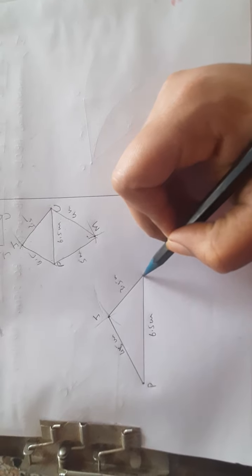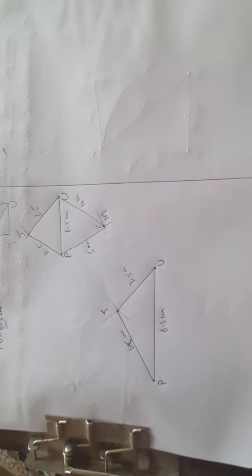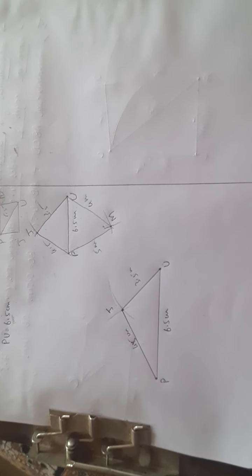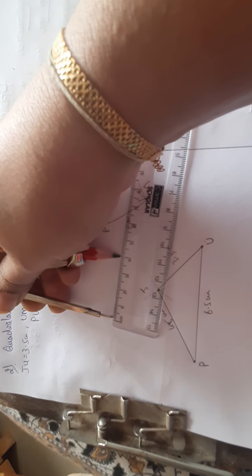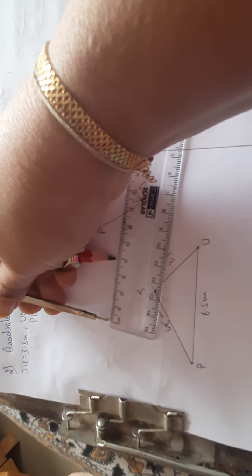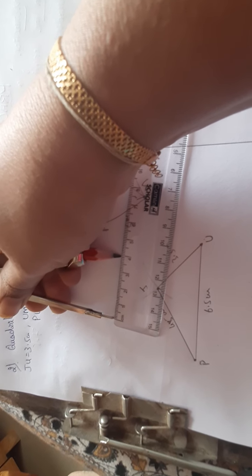So now first we should cut the arc of UM, which is 4 centimeter. Again take the compass, scale, and let us measure 4 centimeter. So I have measured 4 centimeter.